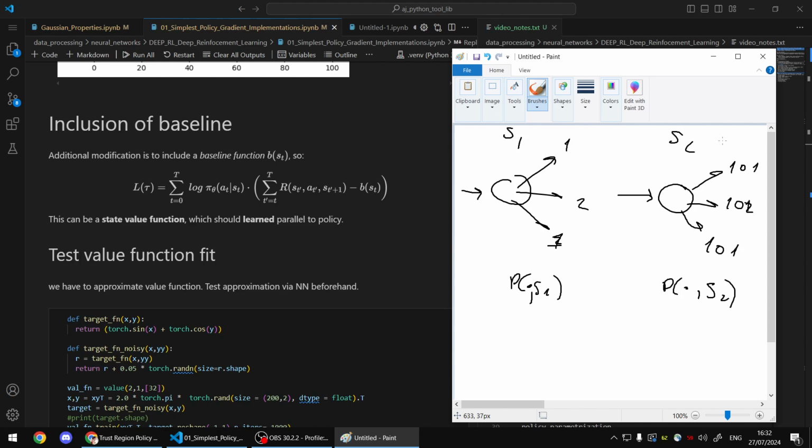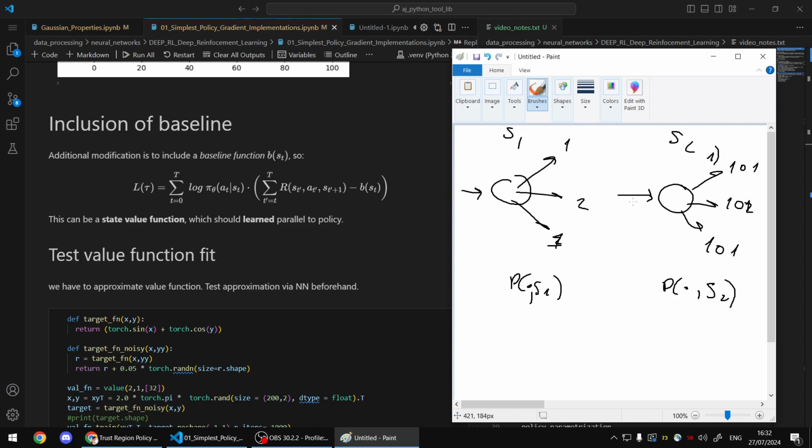he realizes that this action that he selected, like action 1, yielded such high rewards that when he calculates the gradient, he will push this gradient so far.